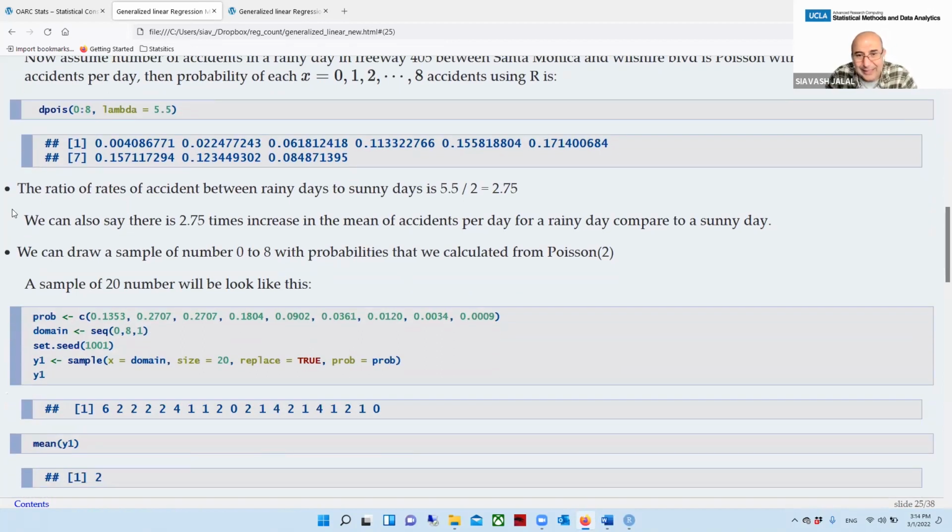We can calculate the ratio of the rate. Rate in Poisson is exactly the same as the mean for normal. It is on average how many accidents, on average how many counts. We can say rate per day, then rate per 2 days is twice. It's a little different, because you cannot have something like that in normal. So the height of somebody is 6 foot.